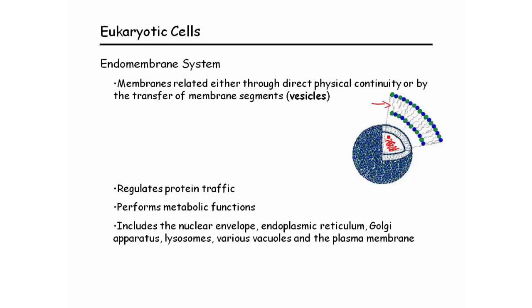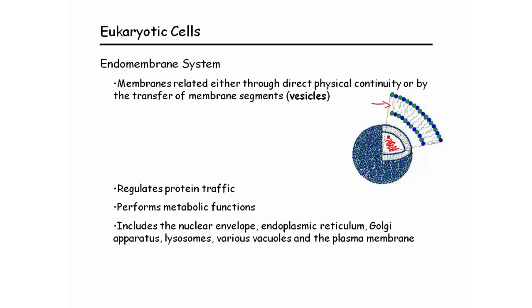The plasma membrane is something you would find in prokaryotic cells, but other than the plasma membrane, all of the rest of this is going to be really unique to a eukaryotic cell. Endomembrane means inside membranes, and in a prokaryotic cell, we don't have any inside membranes, so you would not find this system in a prokaryotic cell. So we want to start going through and talking about these parts of the endomembrane system that we haven't talked about so far.